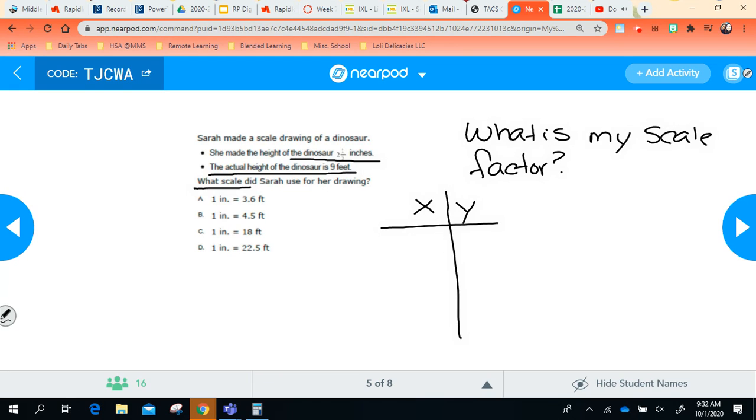So I know that my inches is going to be my X. So I'm going to put 2 1/2 inches over here and 9 feet over on my Y side.